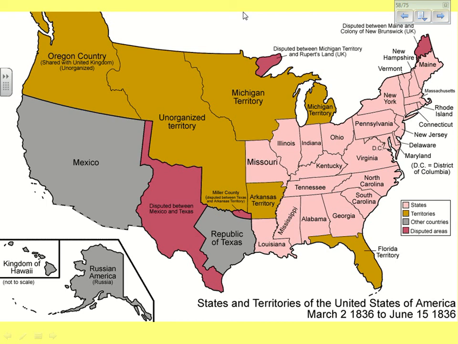So here's the new map that we've got, and we can see this important area here. This is disputed between Mexico and Texas, where the border begins. The Mexicans say that this is the border right here. There's a river right there, the Nueces River, and they say that's the border of Texas, the province of Texas, not the Republic of Texas.